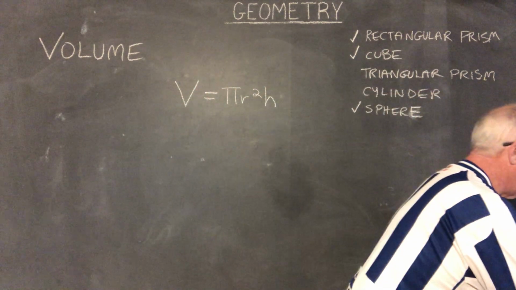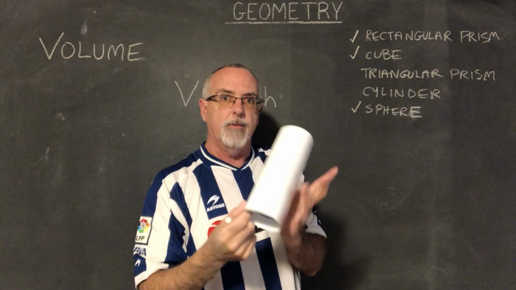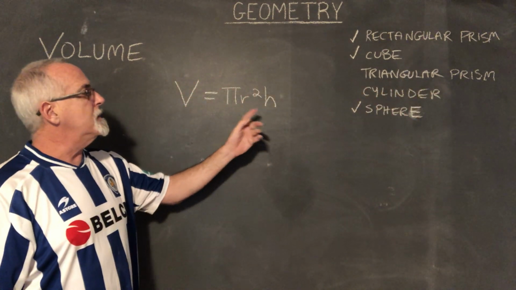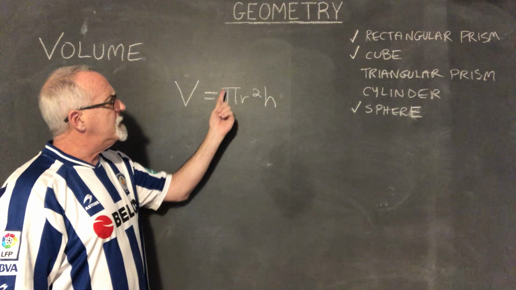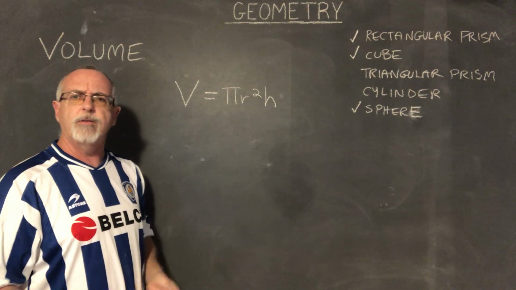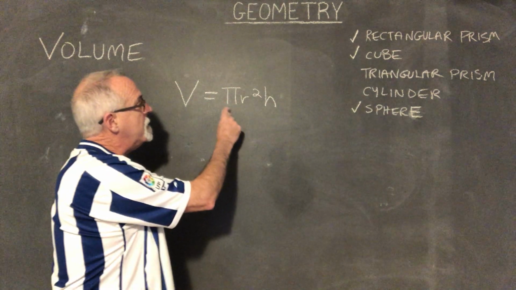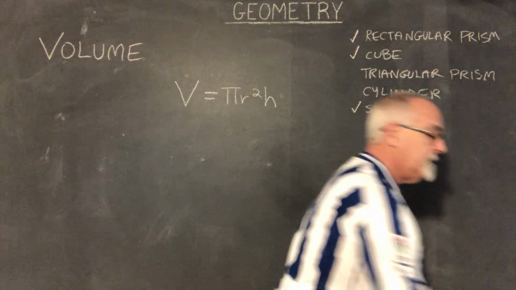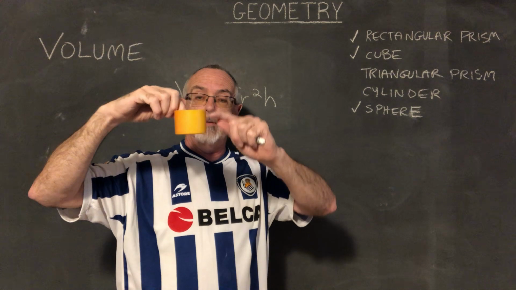Since cylinders always involve a circle being part of the shape, we will not be too surprised that the cylinder formula has this area of a circle inside it. In fact, all it is is the area of a circle times the height. What height? The height of the cylinder.